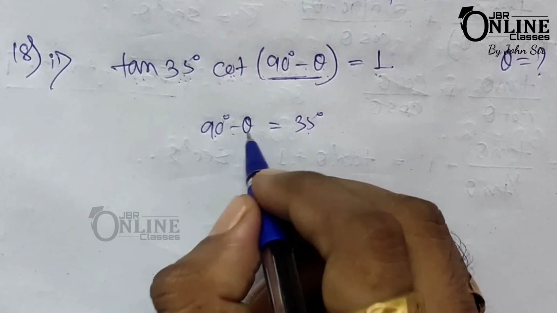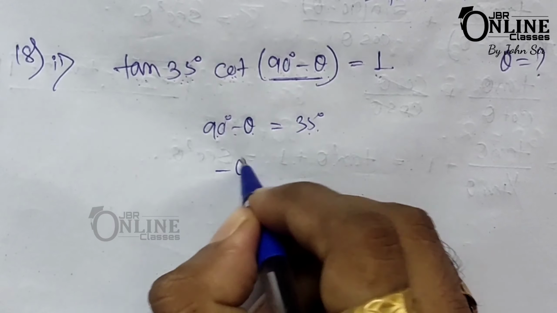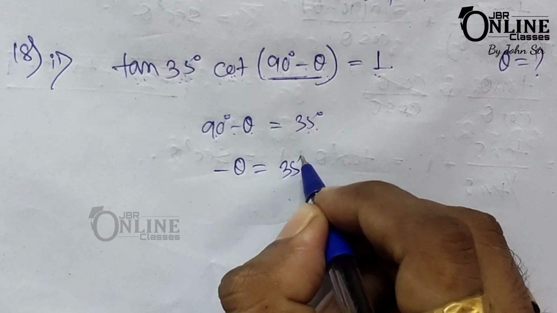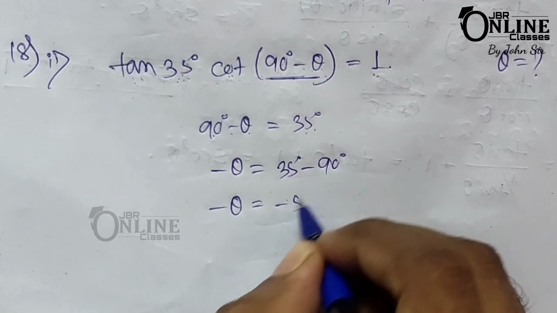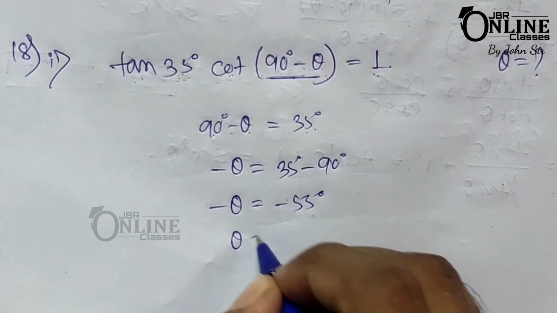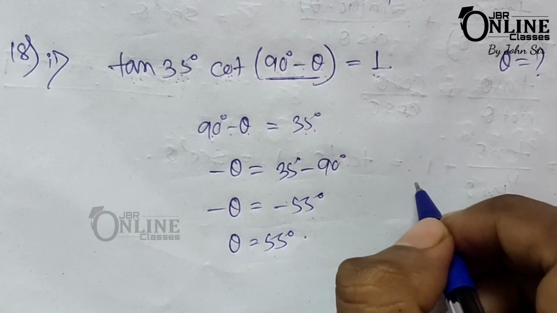So 90 degree minus theta equals 35. So minus theta equals 35 minus 90 degree, so minus theta equals minus 55 degree. So theta equals 55 degree.